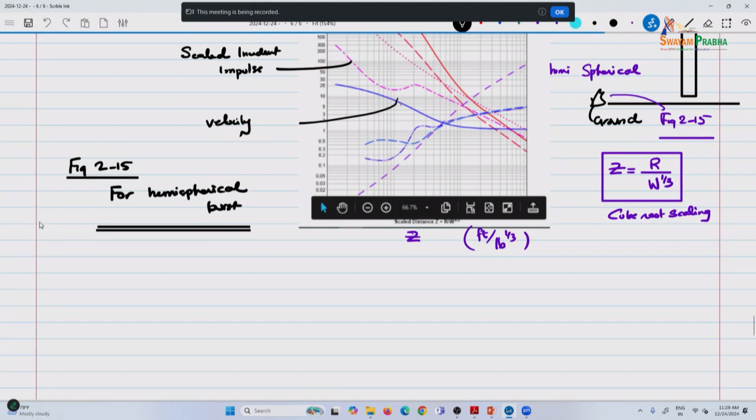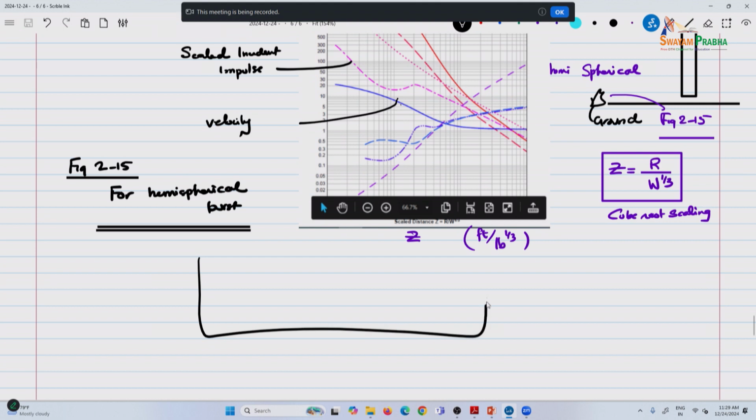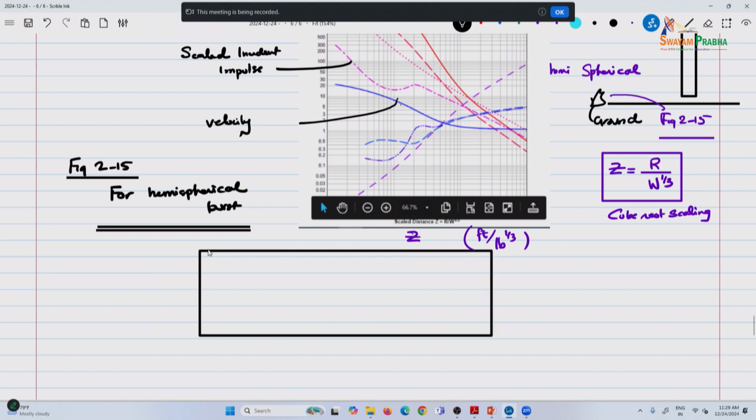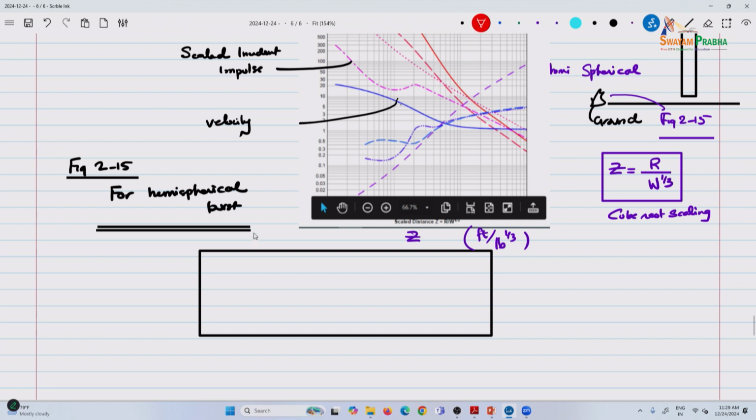In terms of scaled values, you can convert them into SI values also. We consider a scaled distance less than 3.0, that cutoff point, to be near range. Near range is much harder to predict compared to far range. In far range you have more uniform pressures, and Z greater than or equal to 3.0 is considered far range.